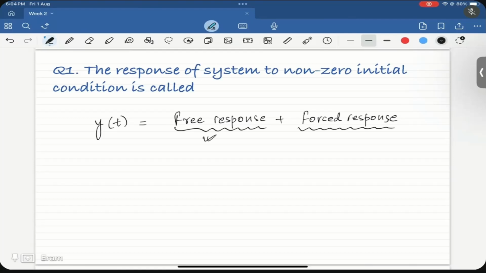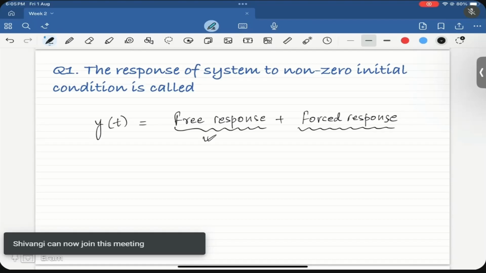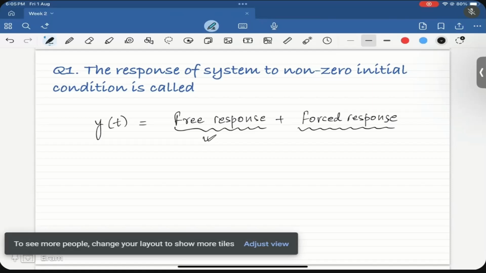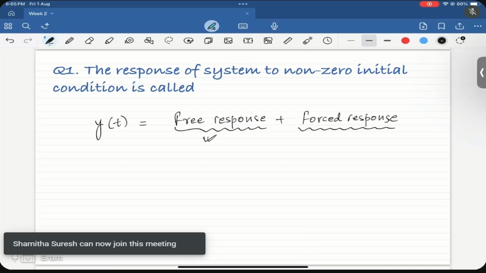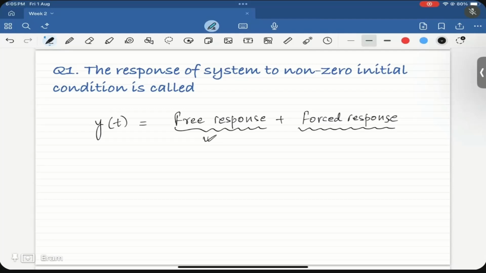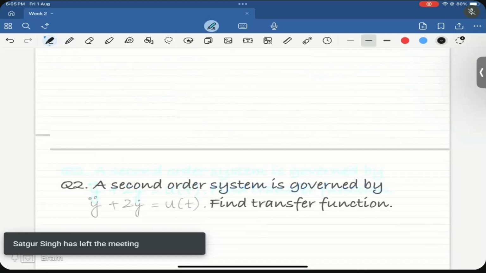And what is the response called when there is zero initial condition and we are applying some external input? That response is called forced response. It's a very simple question.